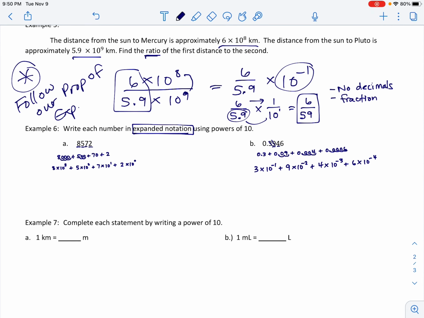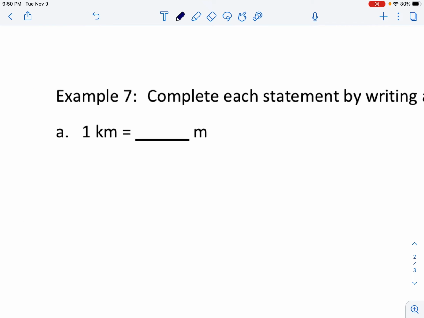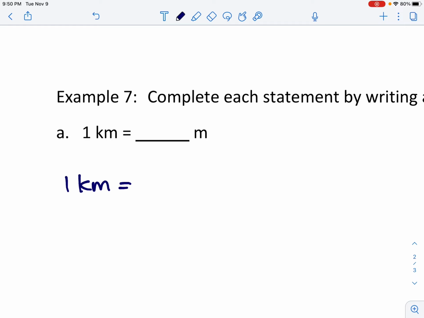All right, very last thing that we're going to look at. Complete each statement by writing a power of 10. So first of all, we need to know 1 kilometer equals how many meters, and that is 1,000 meters. So to convert that 1,000, you're going to go 1, 2, 3. So it is 1 kilometer equals 10 to the third meters.